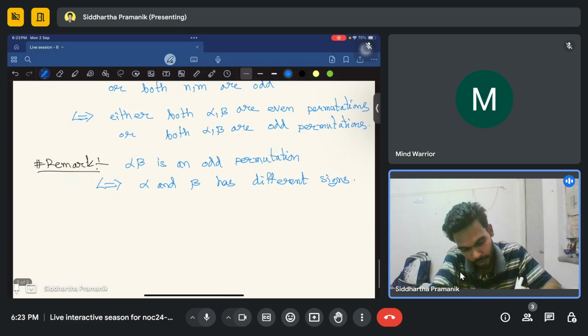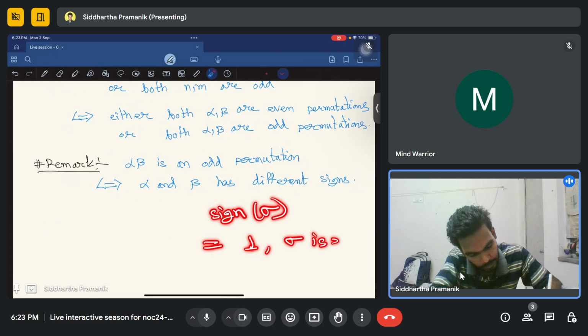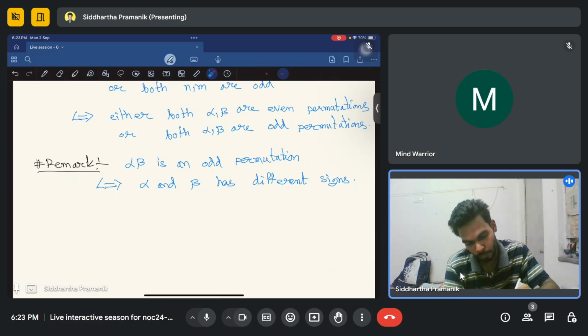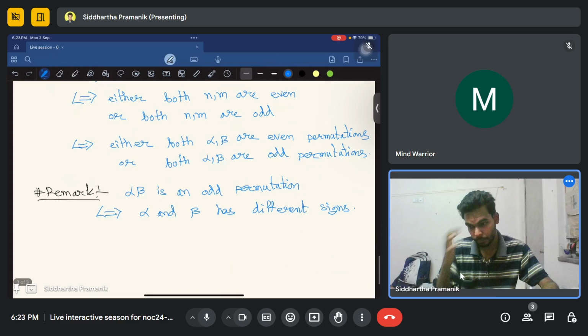We know the sign of a permutation: the sign of a permutation sigma is defined as 1 when sigma is even, and it is -1 when sigma is odd. So we are using that concept. Both signs being different means both cannot be even, both cannot be odd.